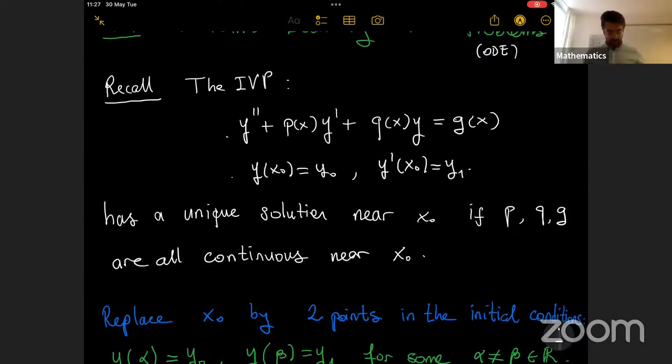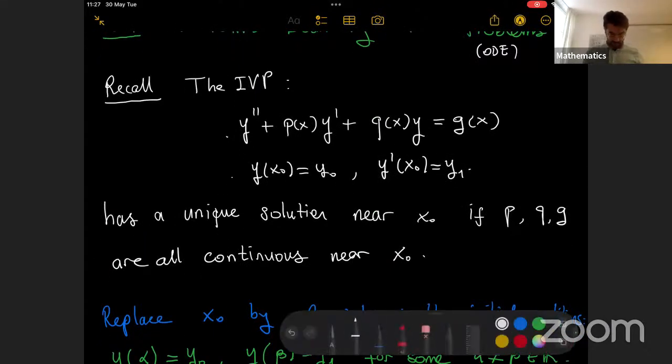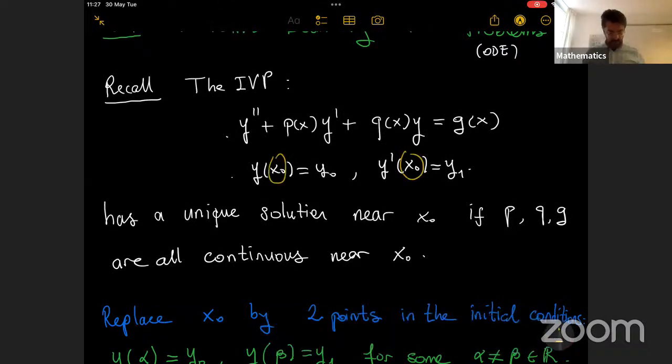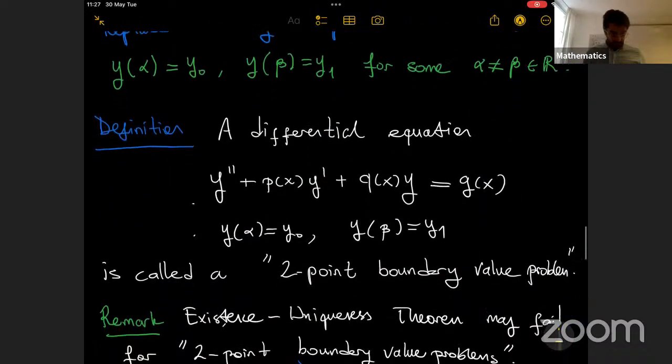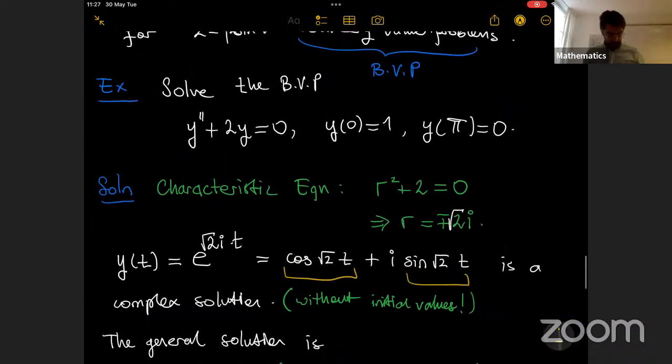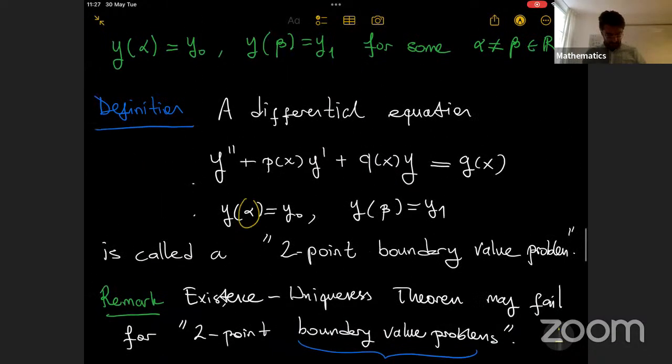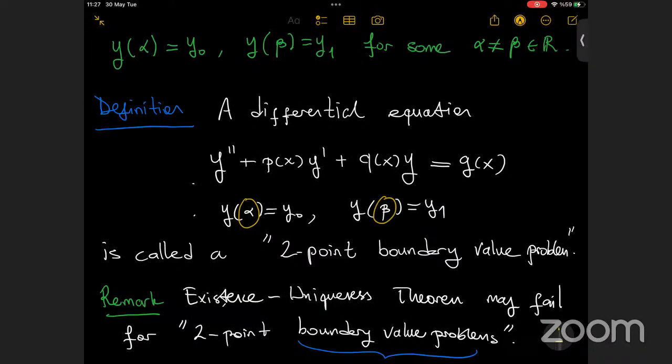You see there is only one point x0, okay? This is an initial value problem. In a boundary value problem, we have more than 1 point. Here, for instance, we have 2 points, alpha and beta, okay? Okay, thank you. 2 different points, then it's called a boundary value problem.